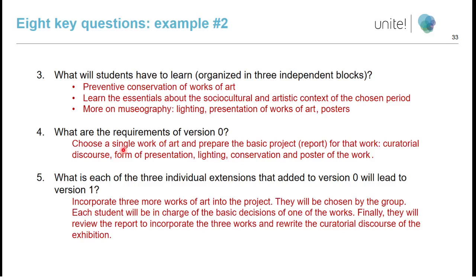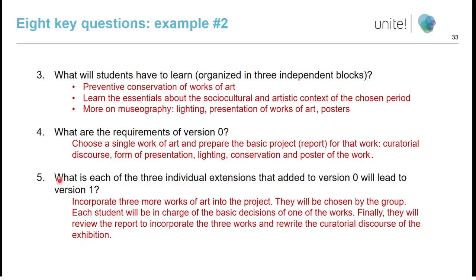Specifically, what is the curatorial speech, that is the presentation speech of the exhibition that the exhibition curator would make, although in this case it's very limited because there is only one work of art. The report must also specify how the issue of lighting and conservation of that work of art would be resolved and what would be the poster for that work of art. Therefore, version 0 is a report for an exhibition of a single work of art.